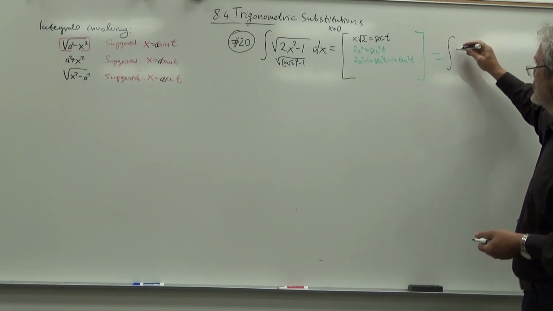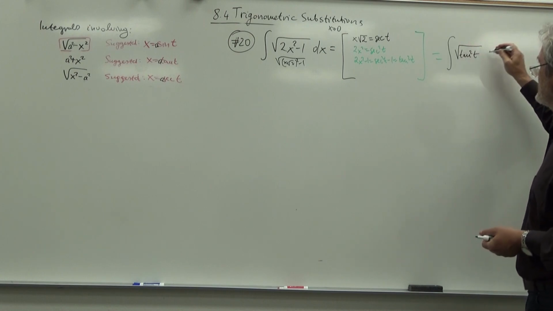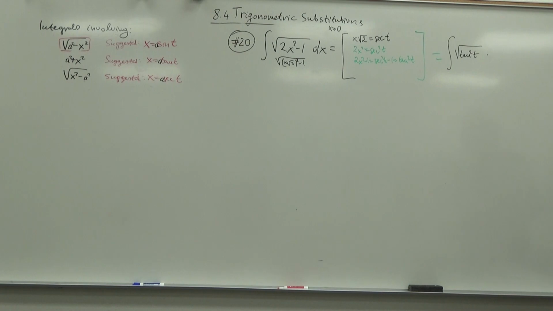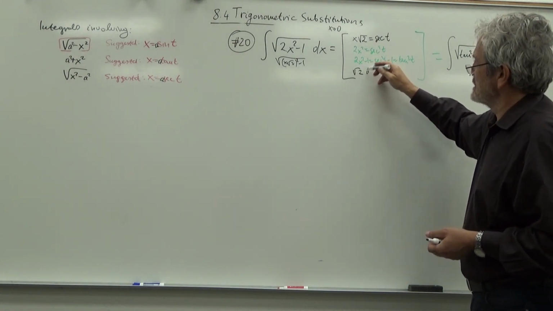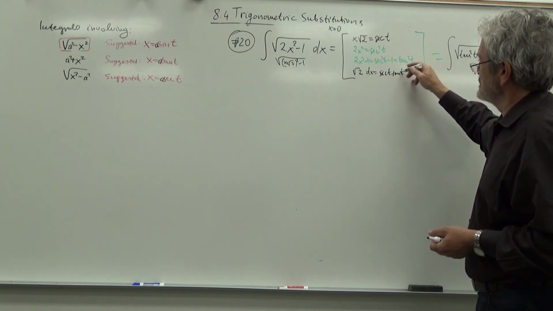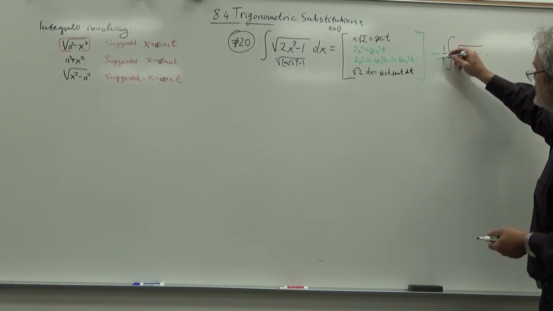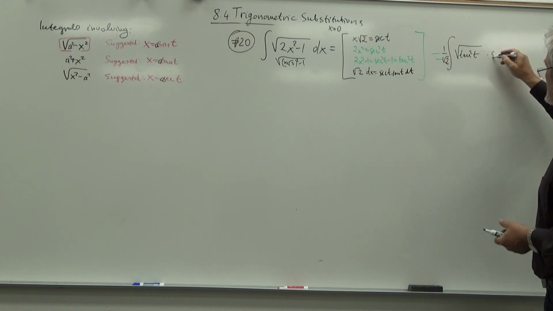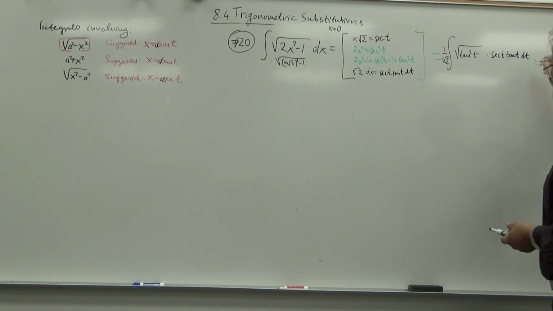So it will be the integral of square root of tan squared t times dx. If I differentiate, I get root 2 dx is secant t tan t dt. So dx is 1 over root 2 times secant t tan t dt.